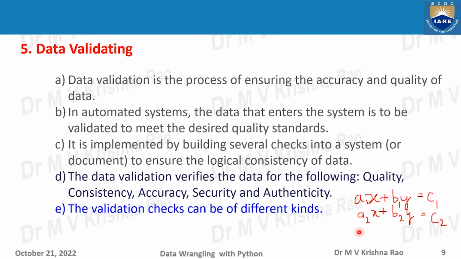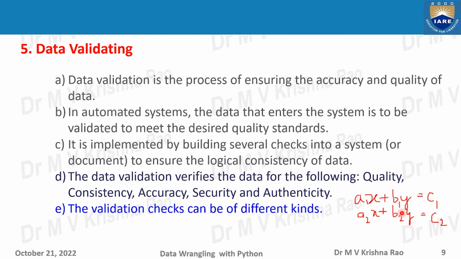When I find the solution for these equations, let us say the x value is 2, the y value is 5. When I substitute 2 and 5 here, the coefficients A1, B1, C1, A2, B2, C2 are constants, they are known already.